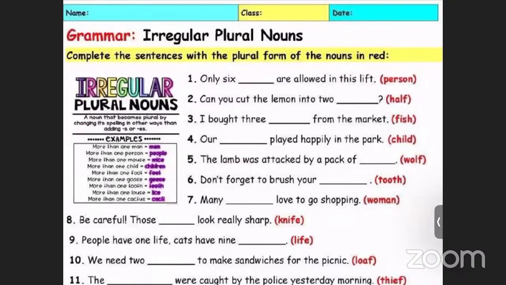And continue. Welcome once again, everyone. If you're joining us for the class, we are learning about the singular nouns and the plural nouns, and we are working on irregular plural nouns right now. So there are 10 sentences. Let's do the first 10 sentences, and then we'll continue. There's a small box on the side that's given you some help.